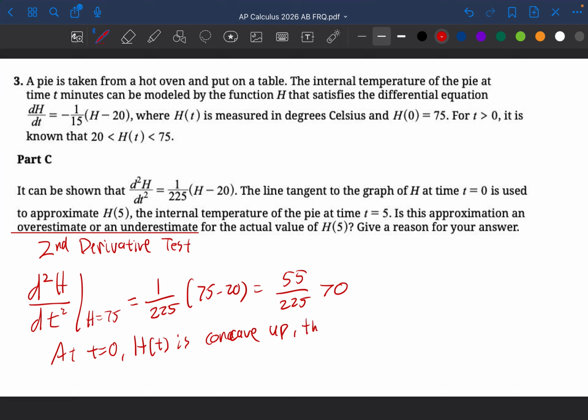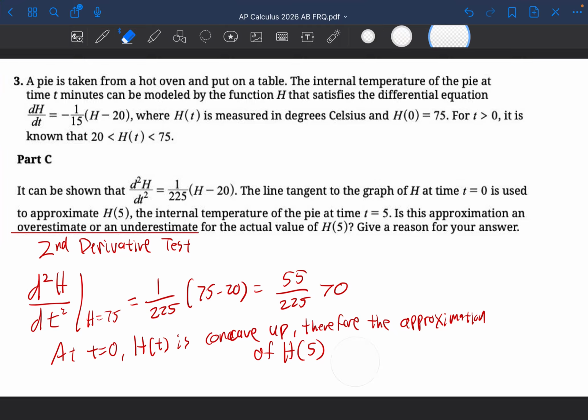Therefore, the approximation of h of 5, and we don't need to say using the tangent line because we already know that we got that approximation using the tangent line, that approximation is an underestimate.